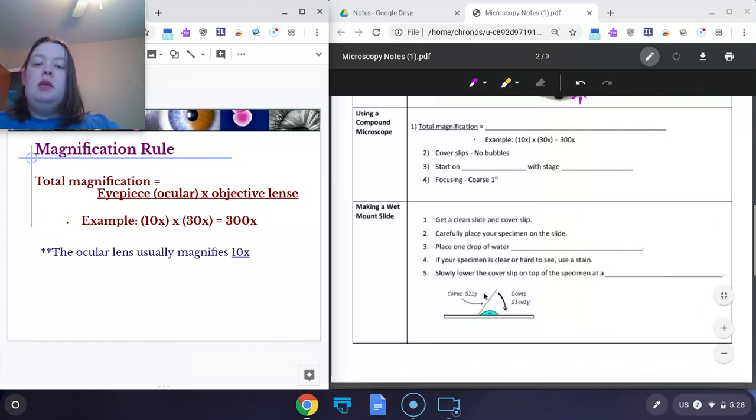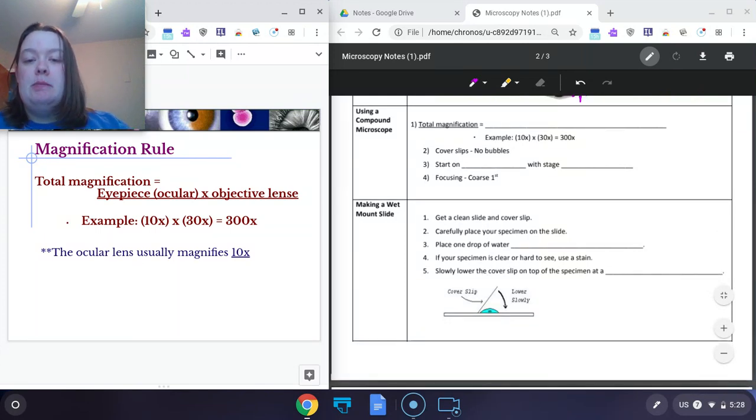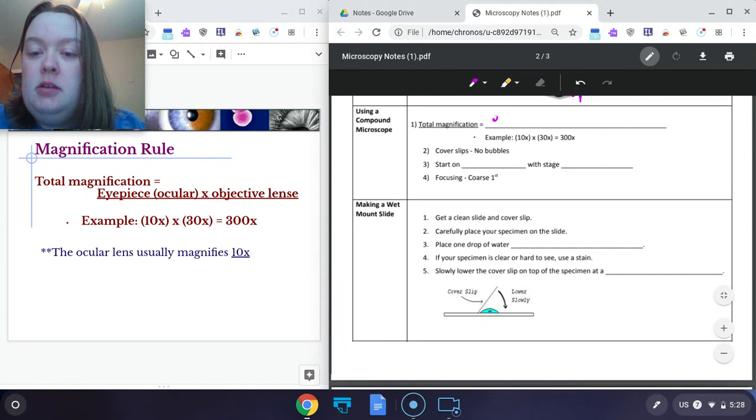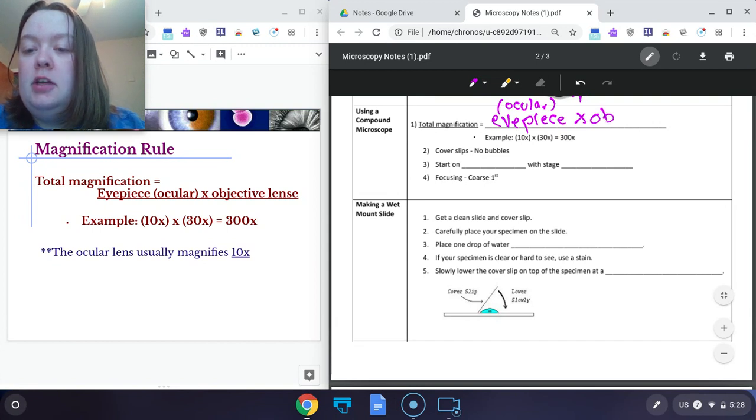Now we're going to need to be able to calculate total magnification of a microscope. Because a compound microscope has two lenses, it's going to require a mathematical equation to figure out the total magnification of the overall microscope. The total magnification of the microscope is going to be the magnification of the eyepiece, which you might also see as ocular, times the objective magnification.